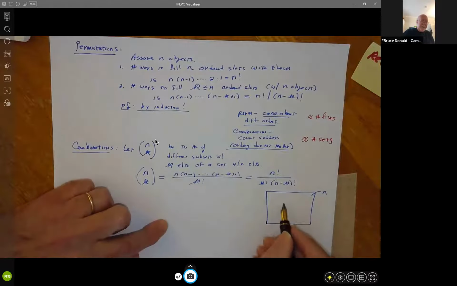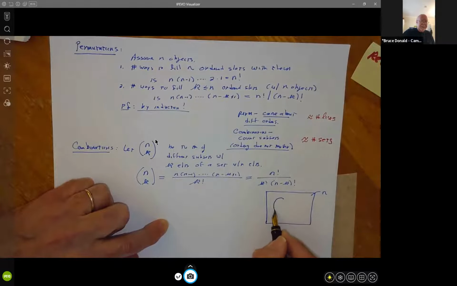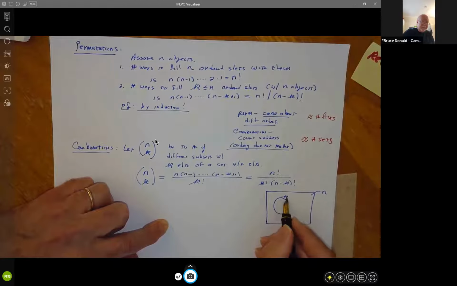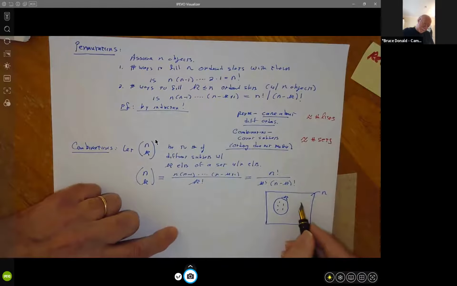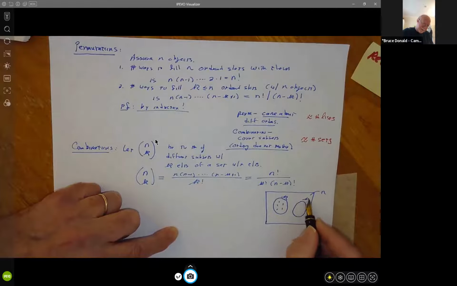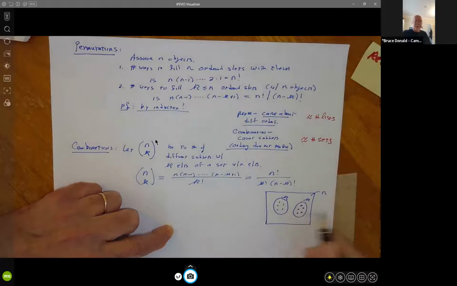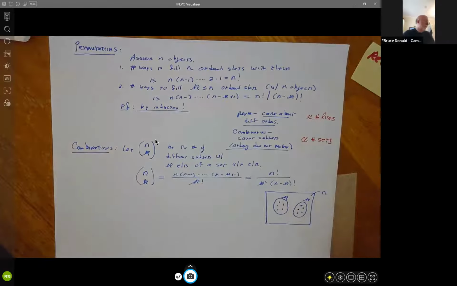And what we imagine doing is choosing a set that has k elements in it. And let's say in this case, k is like 5. So how many ways can we do that? In other words, I'll pick another one. We could pick another set here that has k elements, 5 different elements. But we also can have sets that overlap and so forth.